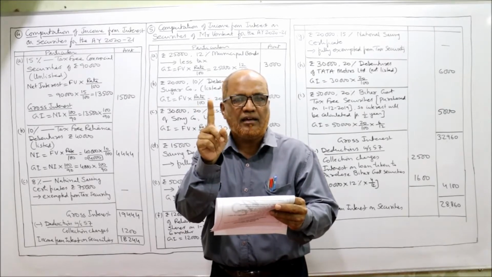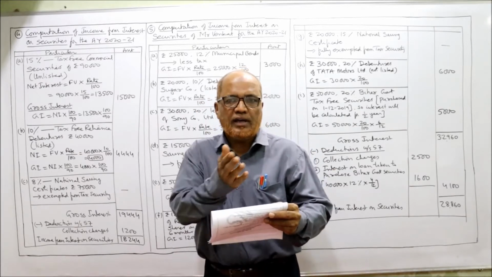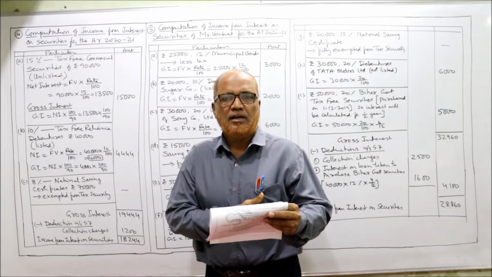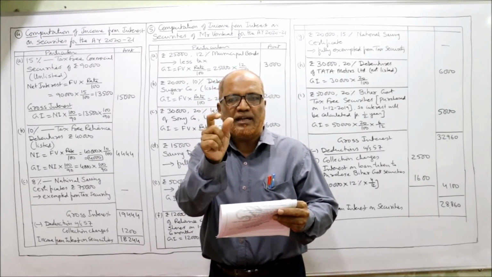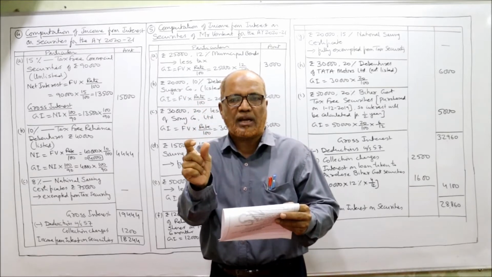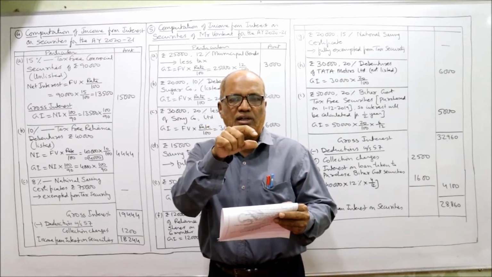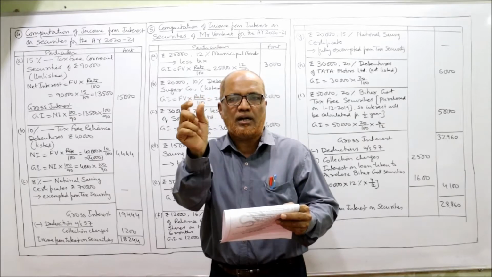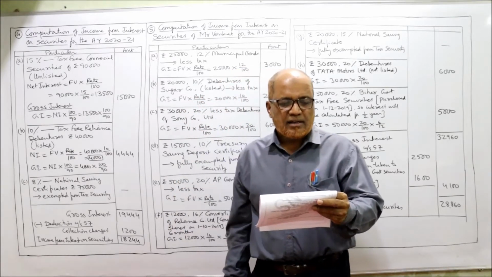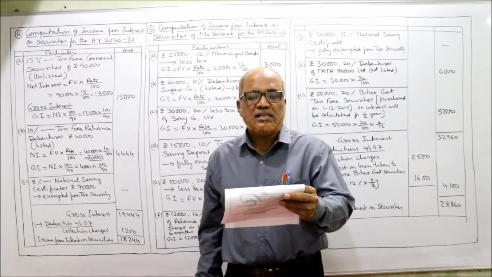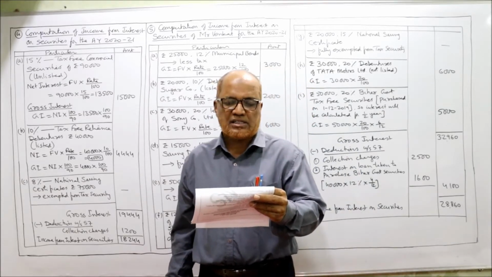First we calculate NI, then we calculate GI. Already in the previous problem also we have done tax-free commercial security, 2 steps. Net interest is face value into rate by 100. Gross interest is net interest into 100 by 90. That provision we apply. Then second one, 10% tax-free Reliance debentures, rupees 40,000 listed.